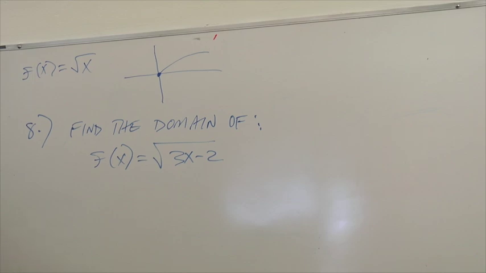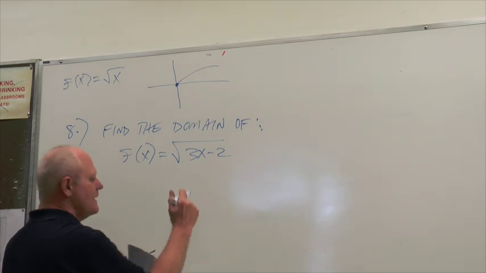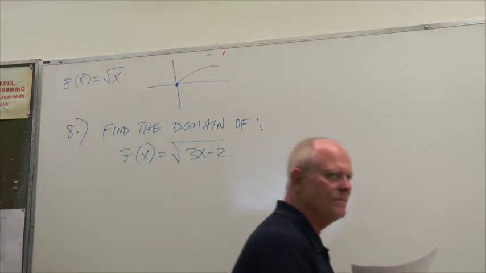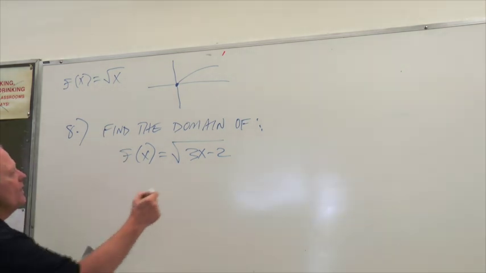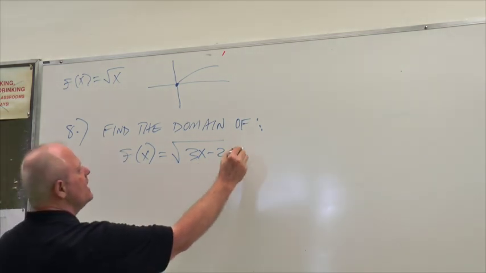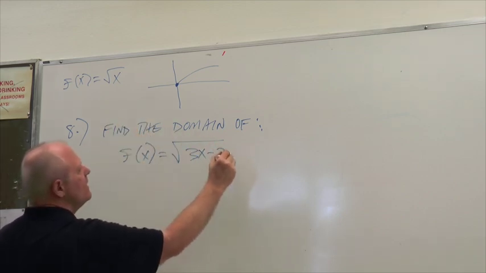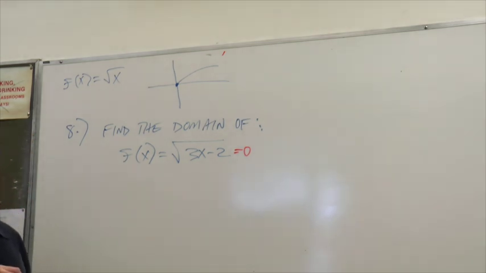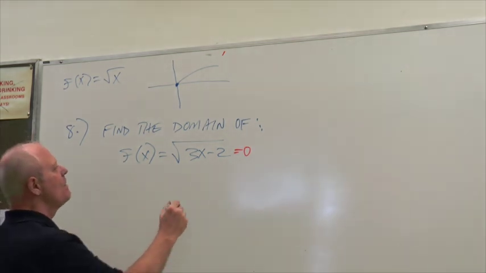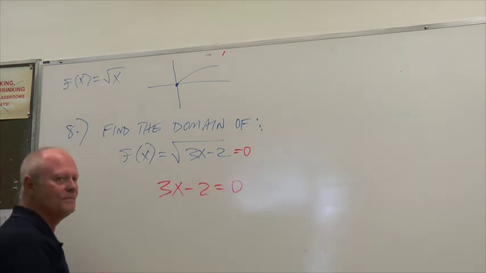The lower bound on the domain. And how do we find that? What's a good way to find that? What number are we allowed to have under here as a minimum? 0, right? Okay. So what if we set the expression under there equal to 0? So 3x minus 2 equals 0.